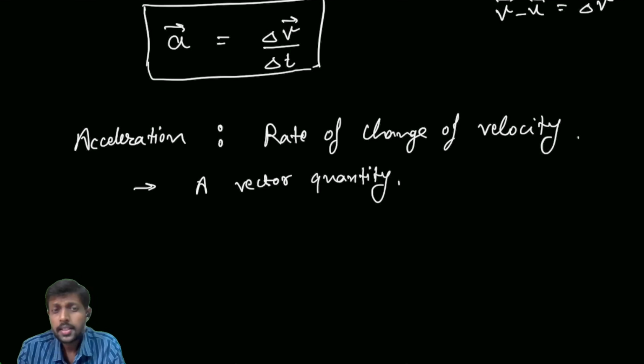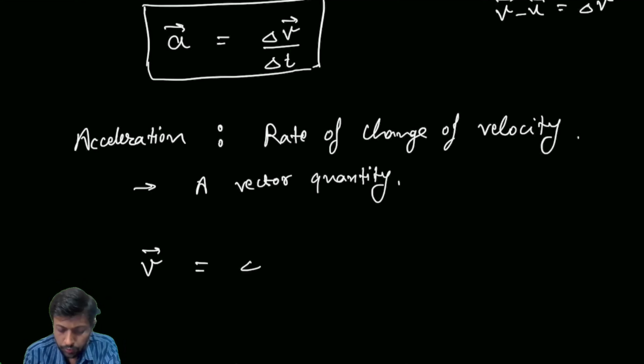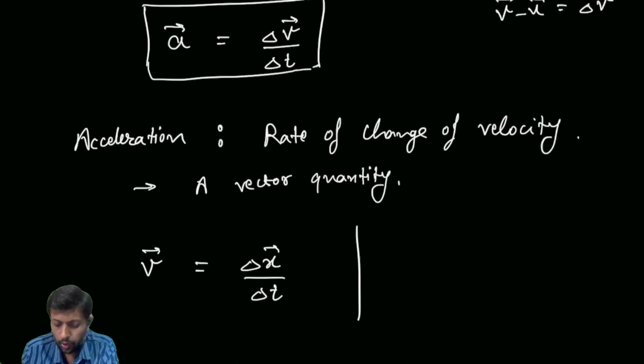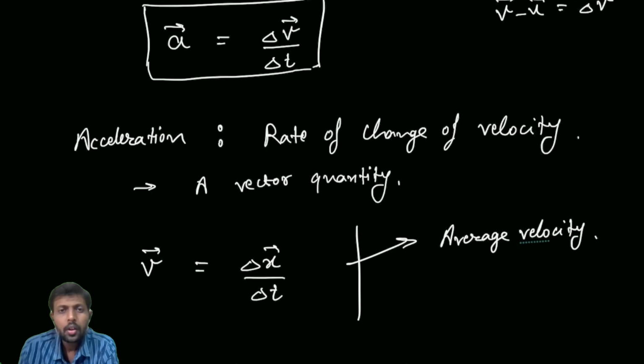Now, just like we define velocity as the rate of change of displacement, and we saw that there were two kinds of velocities. One was average velocity. Whenever we talked about a journey as a whole, we talked about average velocity.